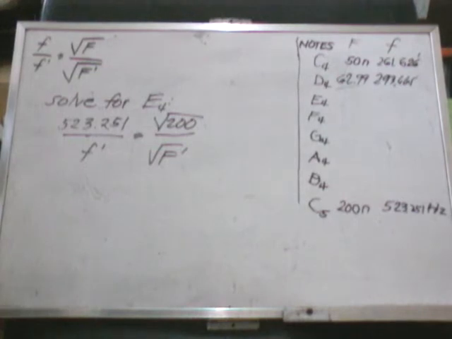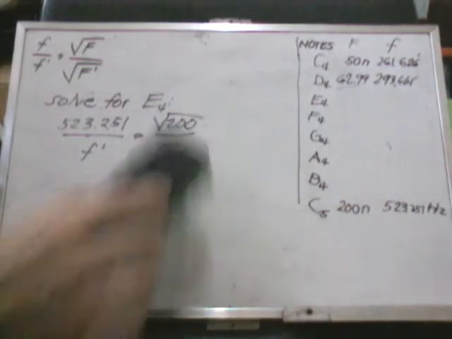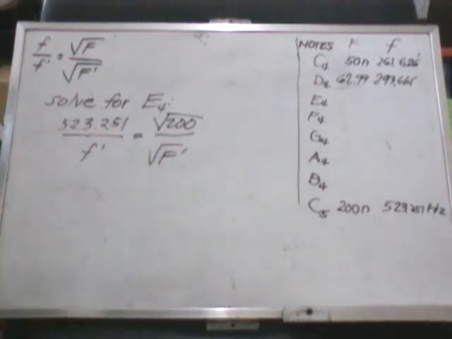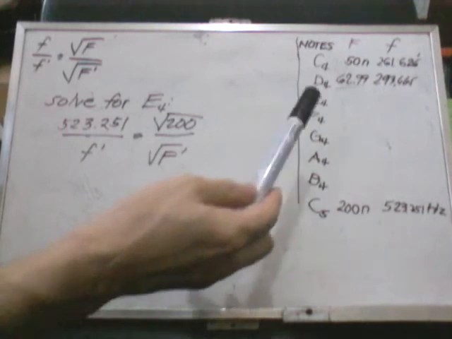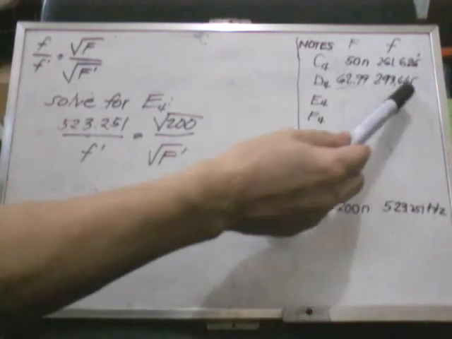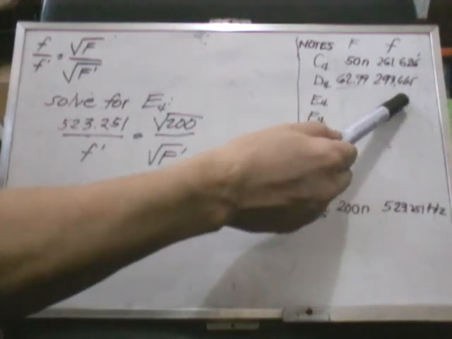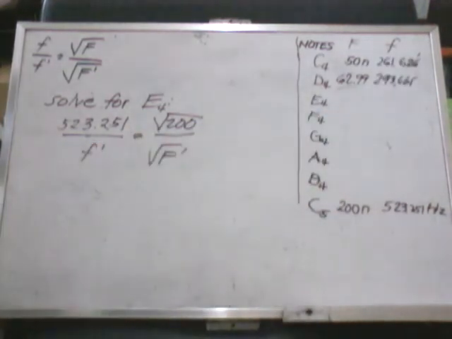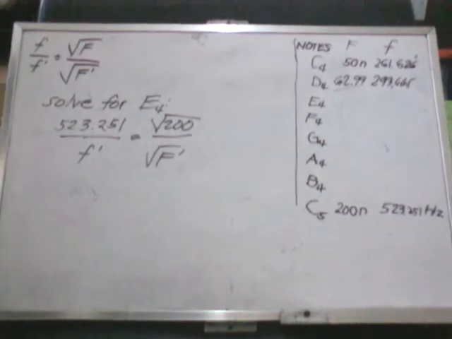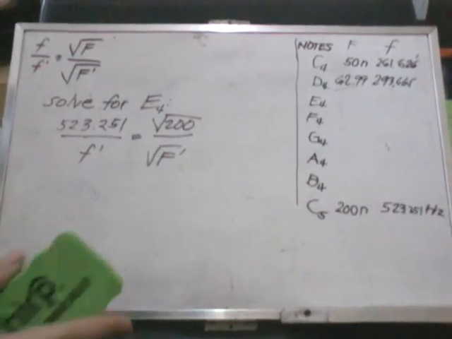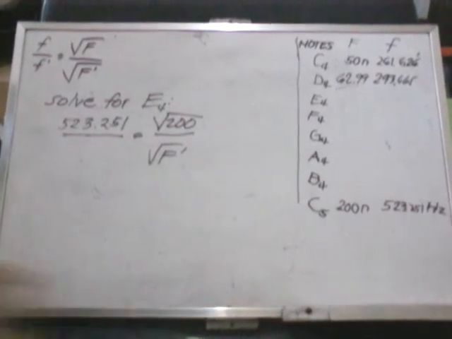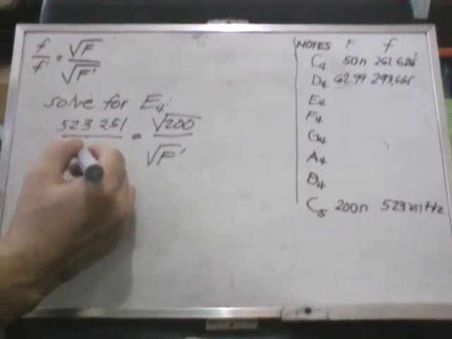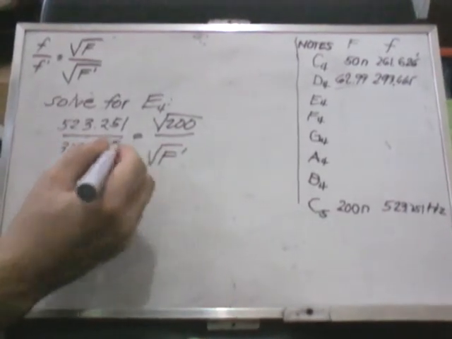Now again, we need 3 data for this formula to work. We only have 2. So repeating the steps, we have to find the frequency of E4. And to do that, we have to go to Google again. Now Google said frequency of E is 329.628. Now we can solve this one.